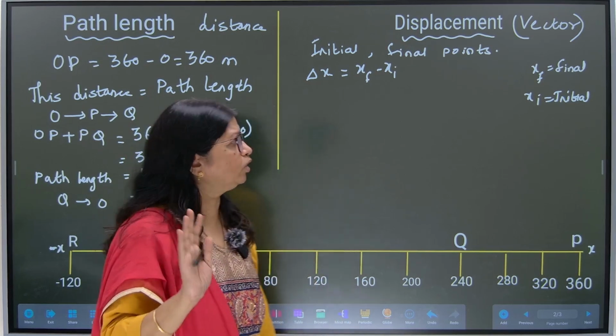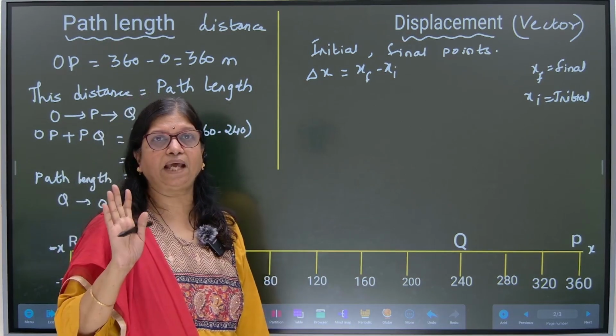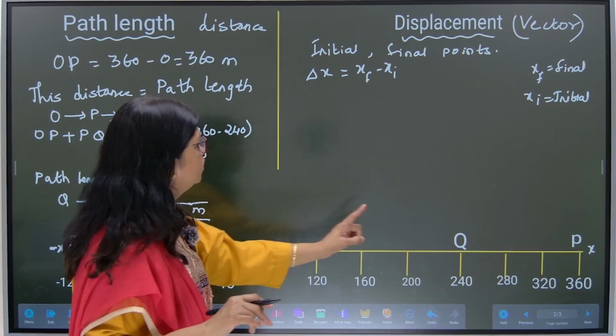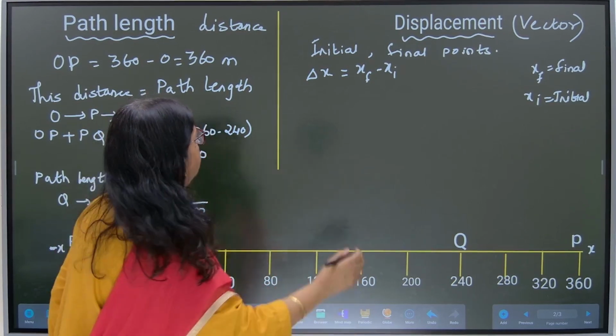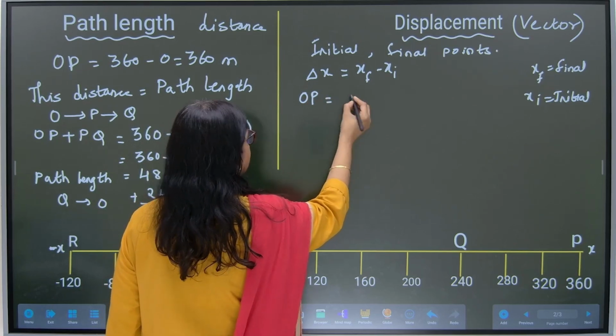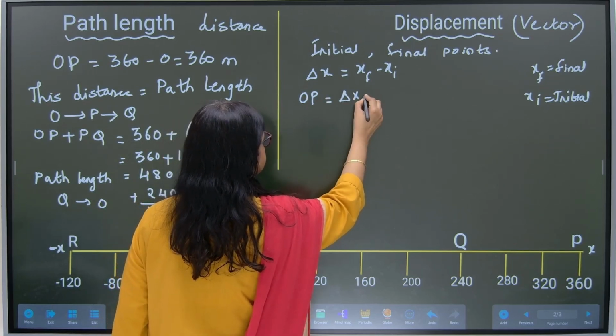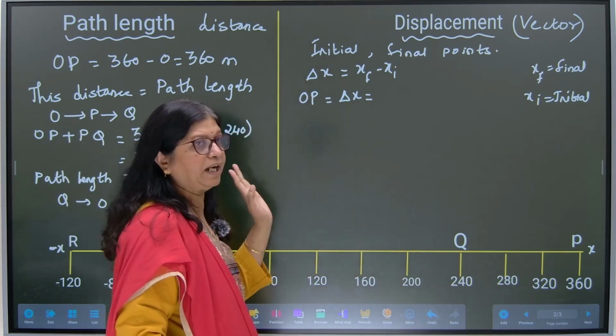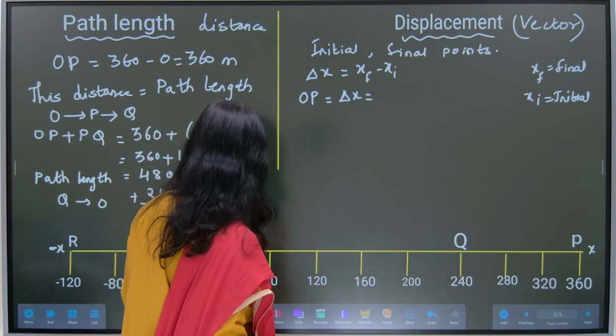Fine? Okay, so now let us consider an example to find out the displacement of O to P again. So O to P displacement, let us put it as delta x. What is its initial position? 0.